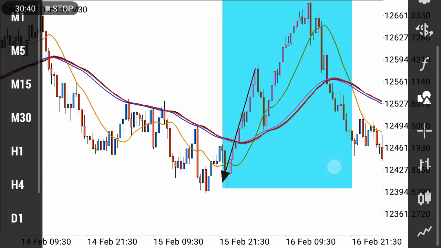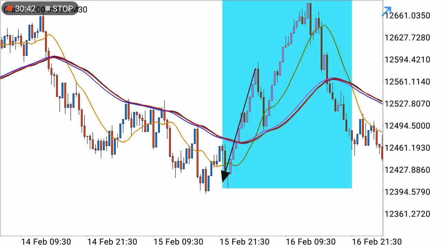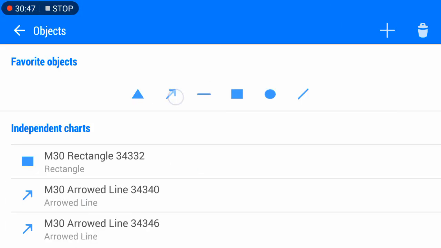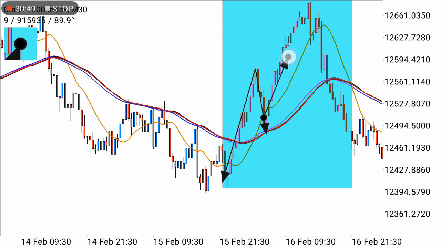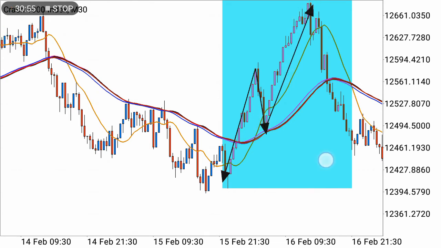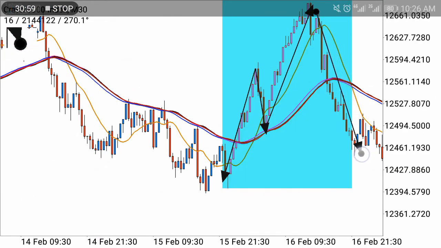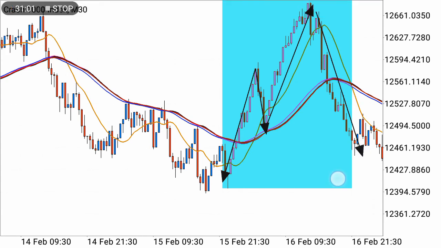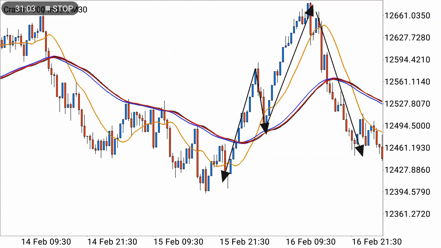First leg, second one, a clear neckline, double top, reversal, and a clear image of M. Look here.